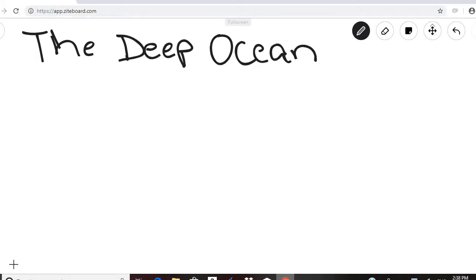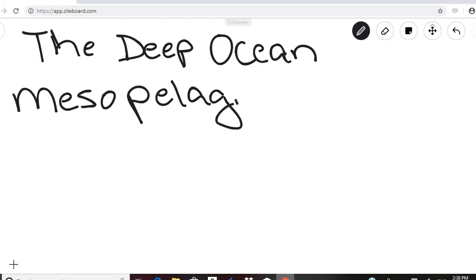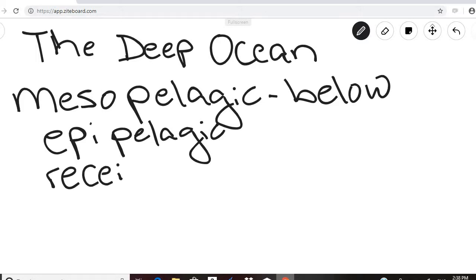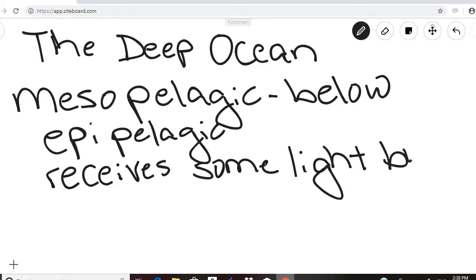So let's just review. The mesopelagic area that we looked at in the last module a little bit. So this is below the epipelagic, and in the mesopelagic area, it receives some light, however, not enough to do photosynthesis.